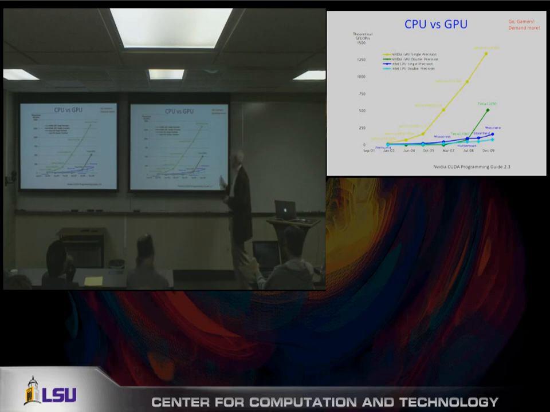But in 2007, NVIDIA released CUDA, which is a C++ kind of language with extensions that allowed scientists to get access to the graphics cards and do computations using C, which a lot of people are familiar with. So that was a big breakthrough.